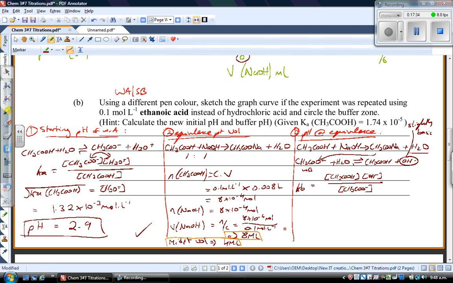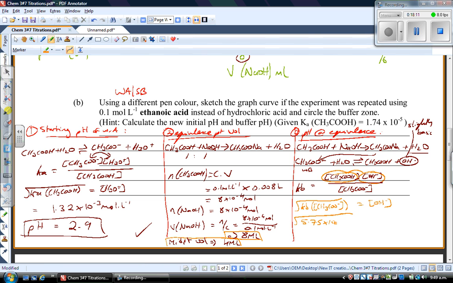Again, the weak acid and the strong base, their amounts are equivalent because all of the strong base has neutralized the weak acid. So therefore, you can say that those concentrations are equal, in which case the expression becomes the square root of Kb times the concentration of ethanoate equals the concentration of OH minus.